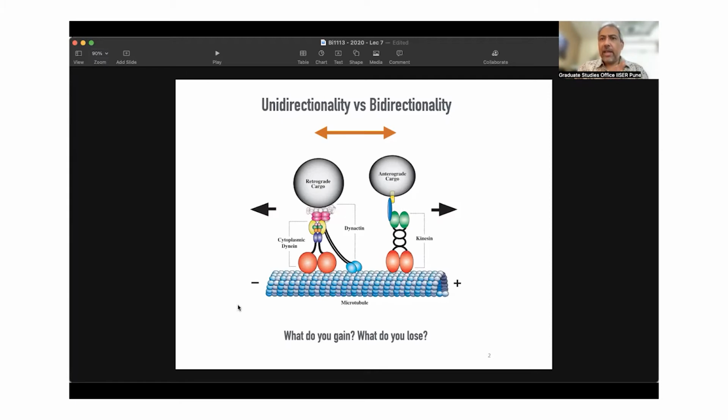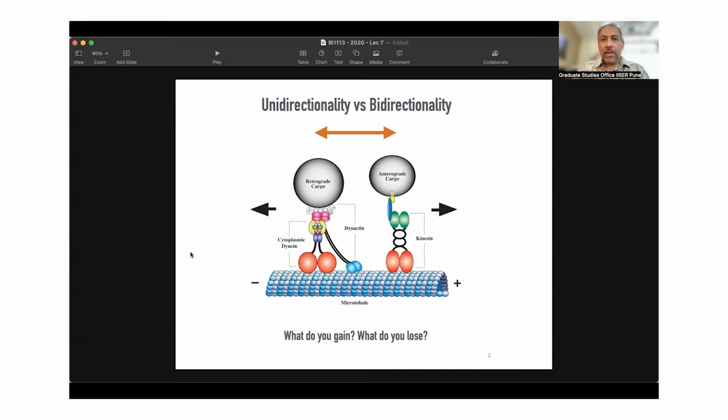And similarly, if it has to go a certain distance and at some point change direction, there has to be a mechanism to control it. So my sense would be that it will actually be a bit more complex to regulate a bidirectional motor protein. Unidirectional motor proteins might be easier to control, right?